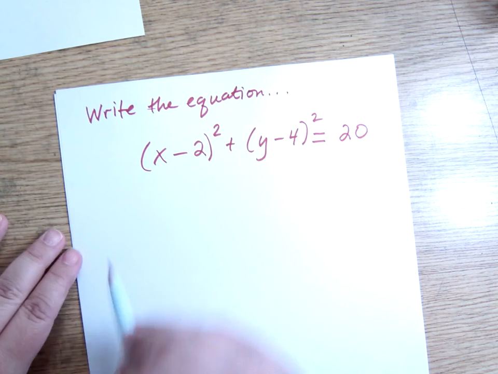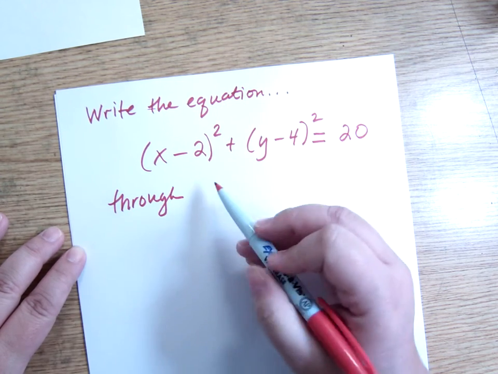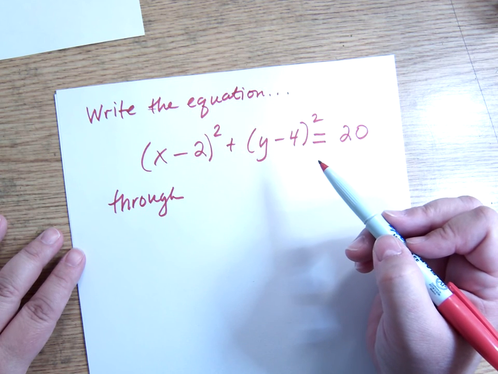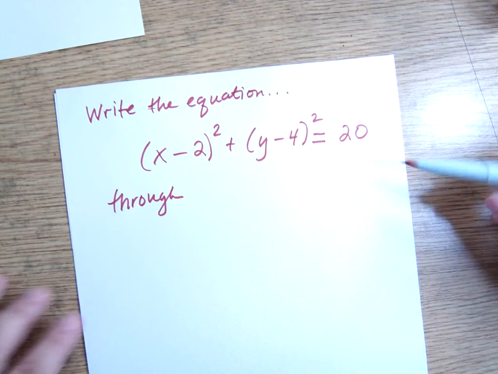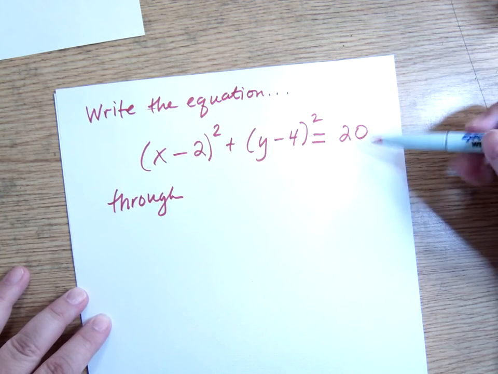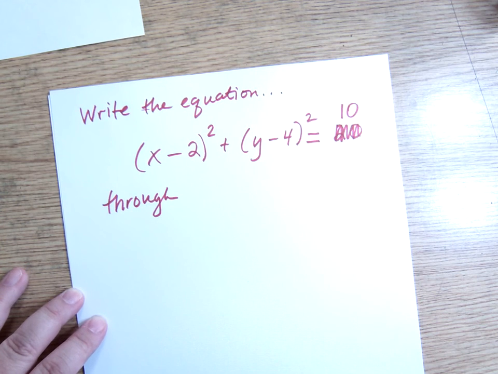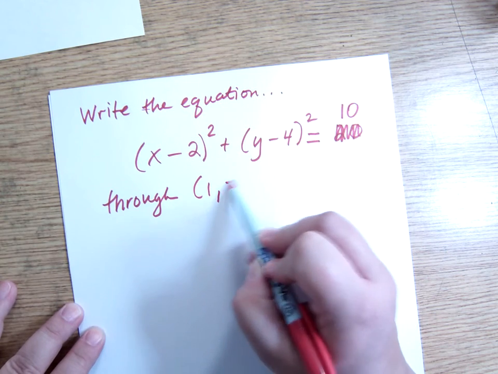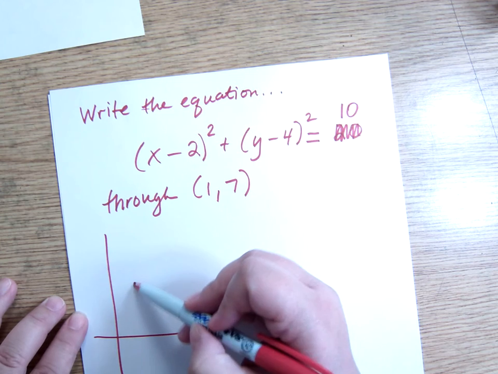Actually, I'm sorry, that's not the radius I meant to have. My radius squared is 10. And it goes through the point 1, 7.